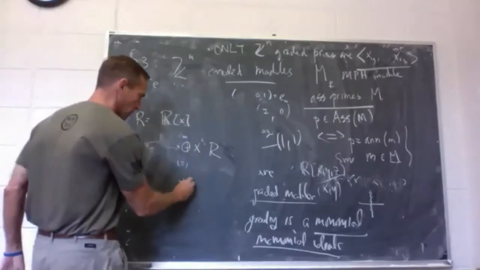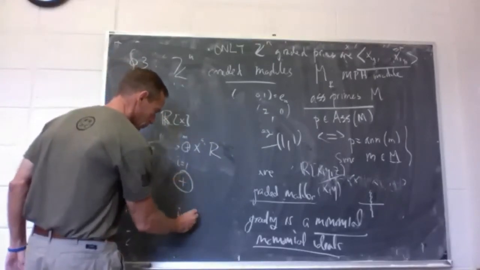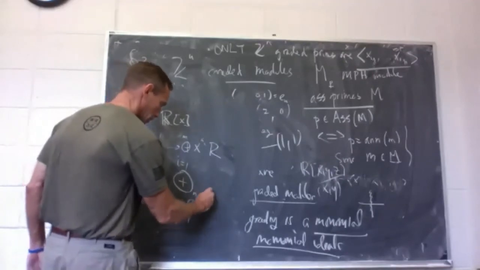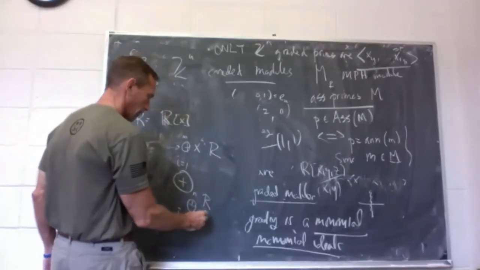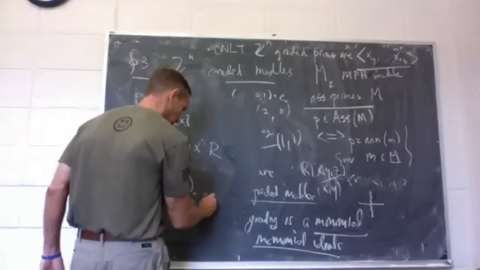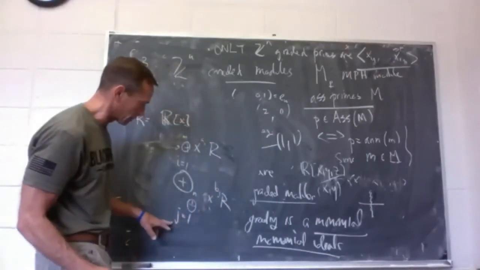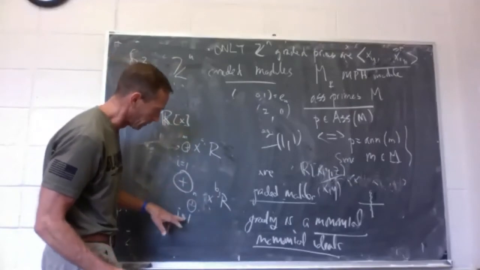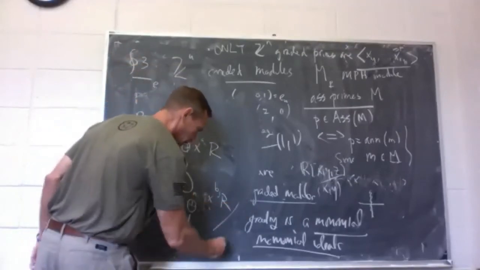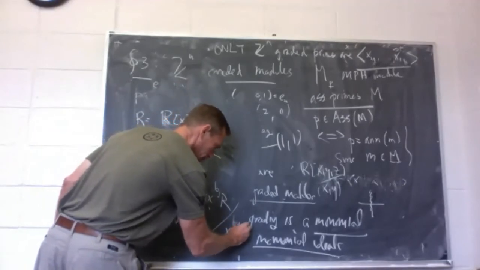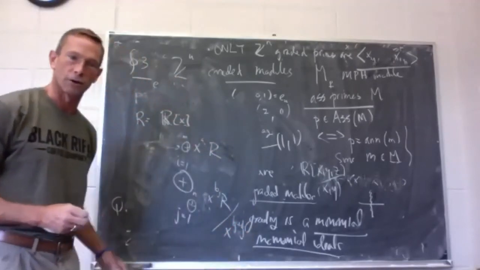Then I'll also have a big direct sum, j equals 1 to n, of k of x to the b_j. There's my birth degree, but then it's modulo x to the b_j plus d_j or something like that, and it dies.